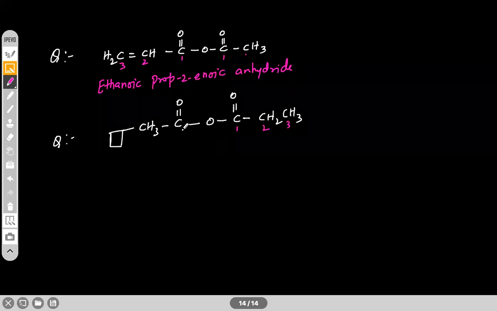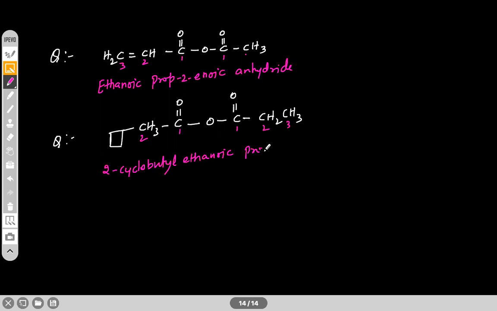So prop-1-2 eth. Continue. 2-cyclobutyl ethanoic propanoic anhydride. Correct.